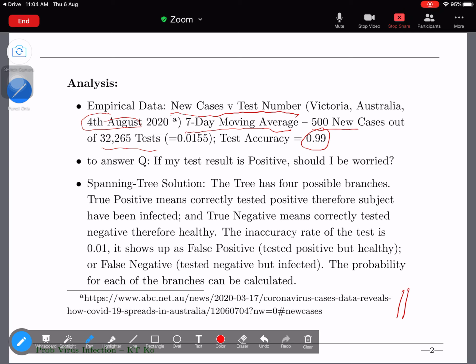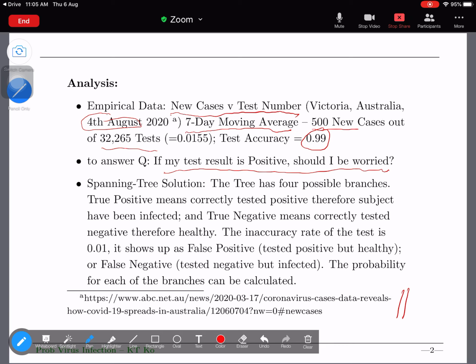Now, the question, as I mentioned: if my test result is positive, should I be worried? There are two methods to do it. One is based on conditional probability, on Bayes' theorem, which requires more understanding of probability theory.